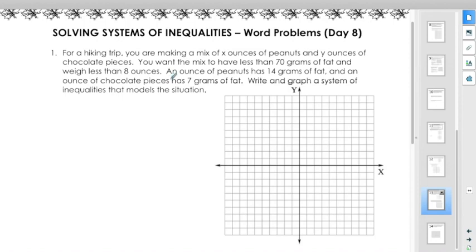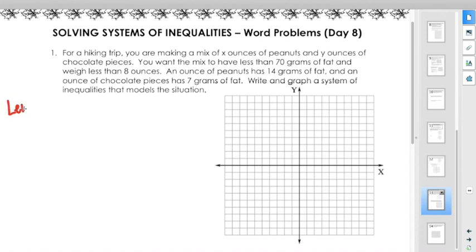An ounce of peanuts has 14 grams of fat, and an ounce of chocolate pieces has 7 grams of fat. Write and graph a system of inequalities that models this situation. Well, first, let's always start with our let statement. We're making a mix of X ounces of peanuts. It even tells what X is, but I'm going to stay on the safe side and always do my let statement.